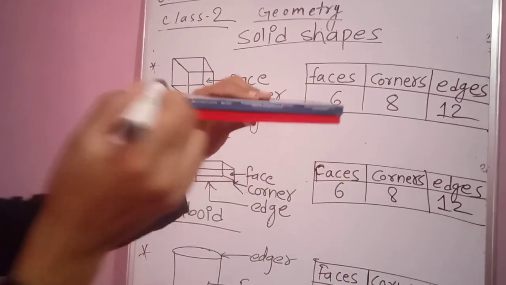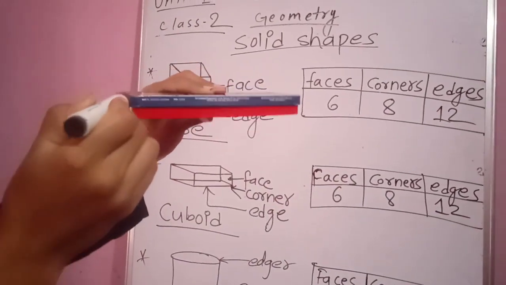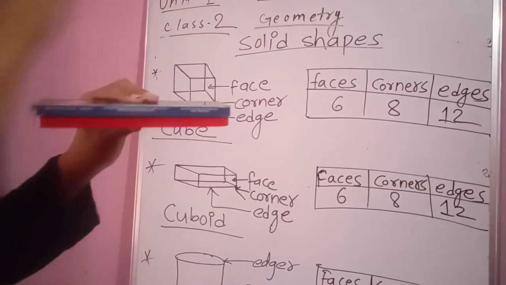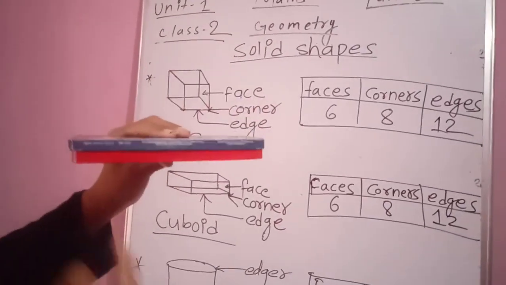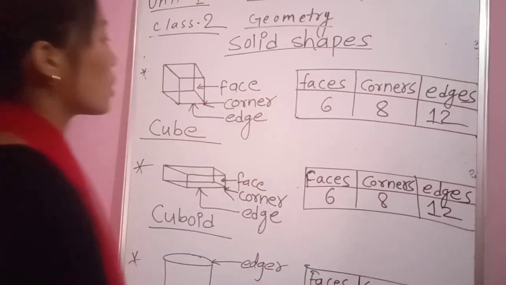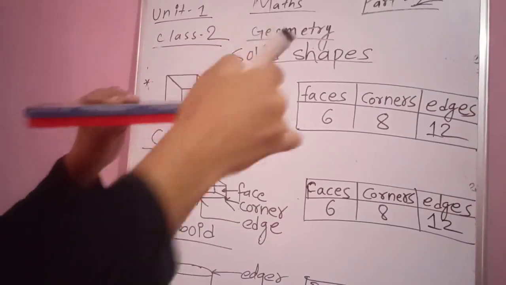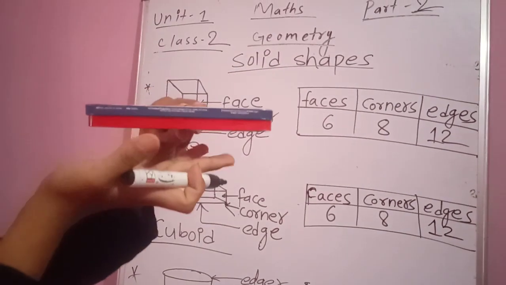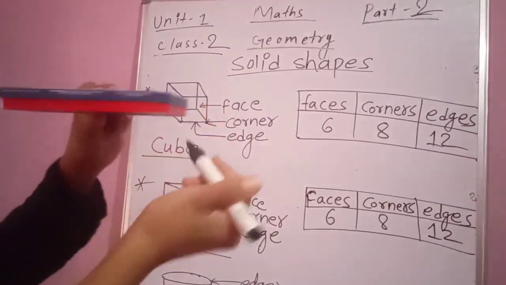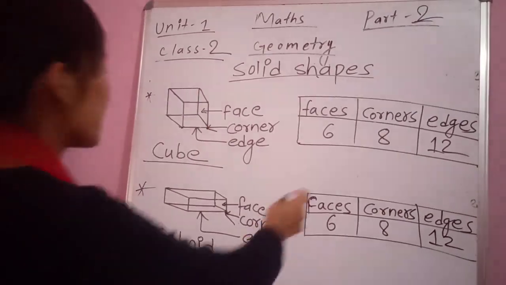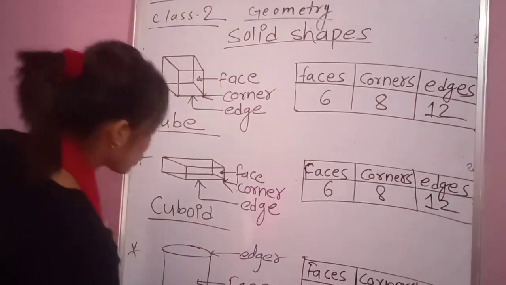Likewise the corners. 1, 2, 3, 4. So 4 corners up, 4 corners down. So there are altogether 8 corners. Likewise the edges. 1, 2, 3, 4. 4 edges up, 4 edges down, 8, and this 9, 10, after that 11, 12. So there are altogether 12 edges in the cuboid.